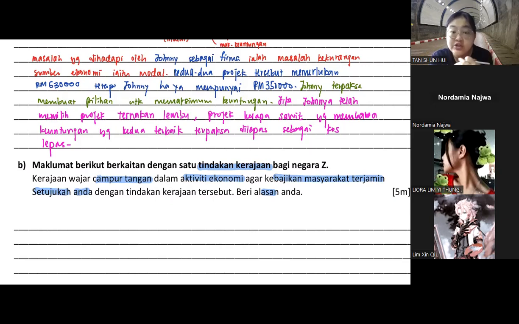So the question asks you, setuju kah? Of course, they ask you agree or not. If you have enough and you have a valid answer, can you write disagree? Yes. There's no wrong or right when you tell me agree or not agree, but provided you must give me a valid reason. Okay.